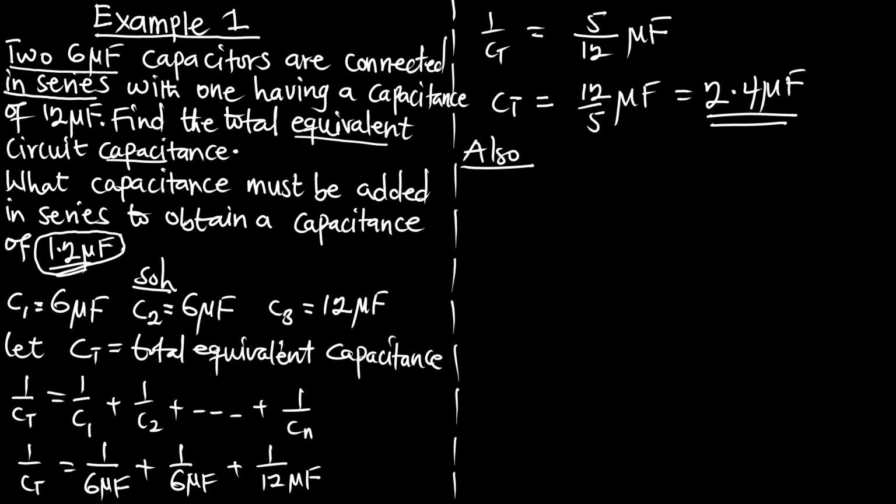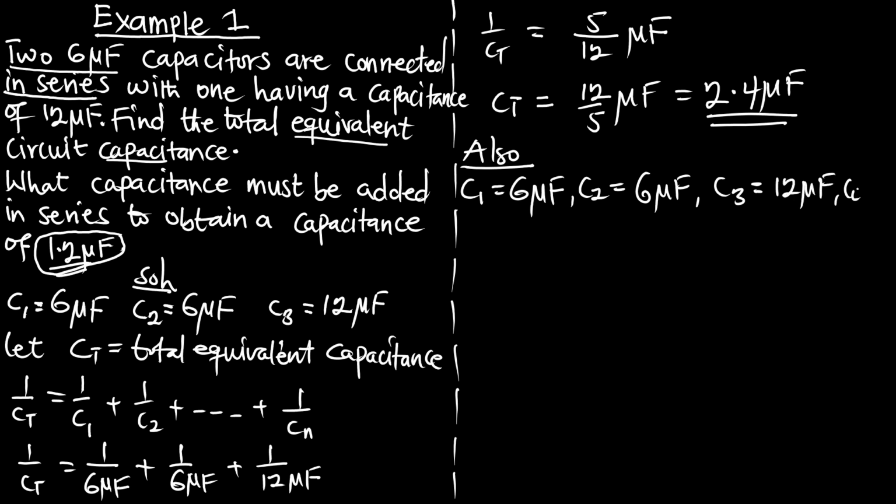We are going to keep the same capacitances. C1 is still 6 microfarad. C2 is also 6 microfarad. We have our C3 still 12 microfarad.